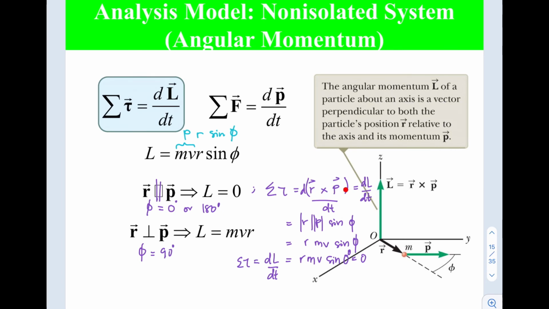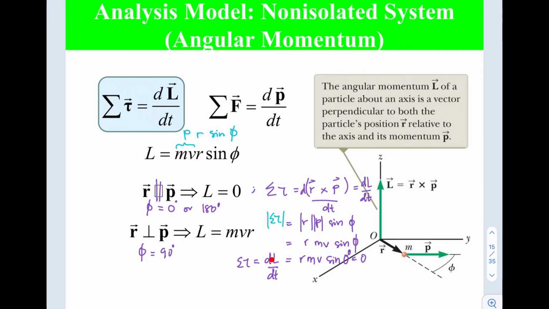Okay. So let's recap. Sum of torque is equivalent to dR cross P over dt. R cross P itself is L. So we're going to have dL over dt. And in terms of magnitude, the torque is equivalent to magnitude of R, magnitude of P, sine phi.